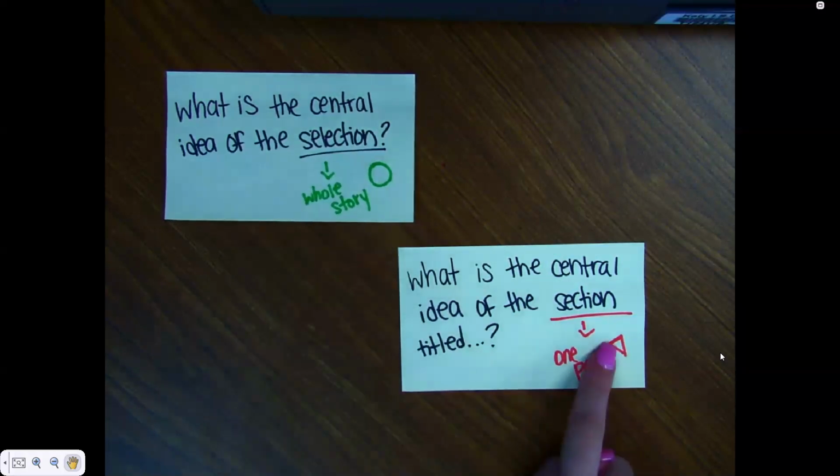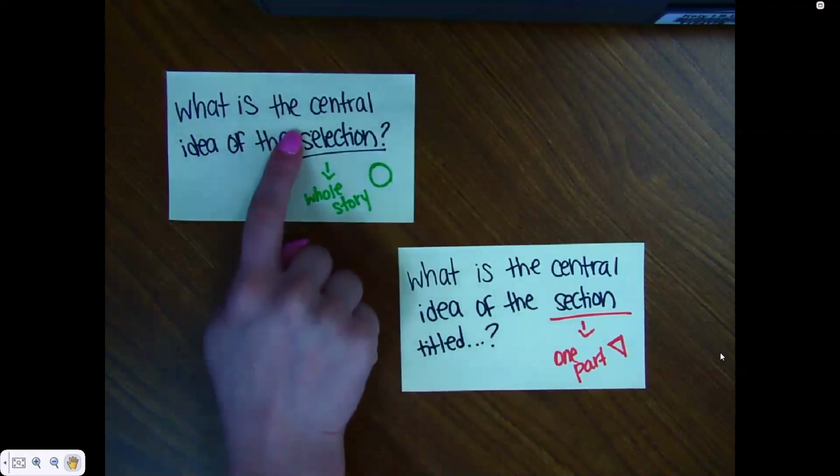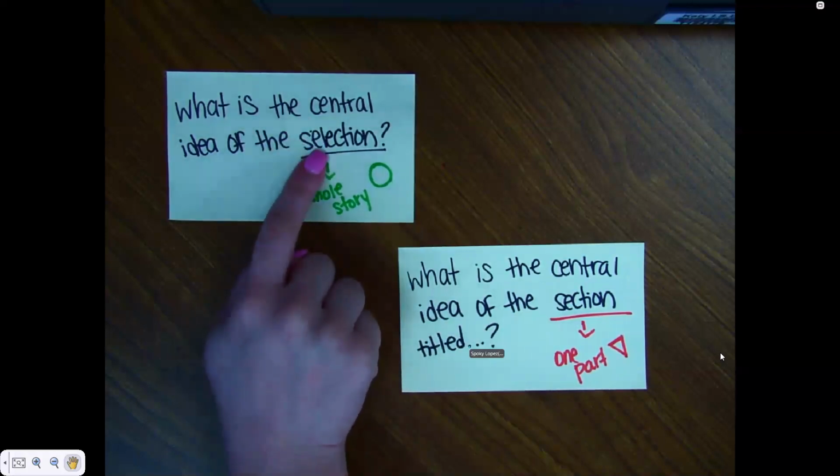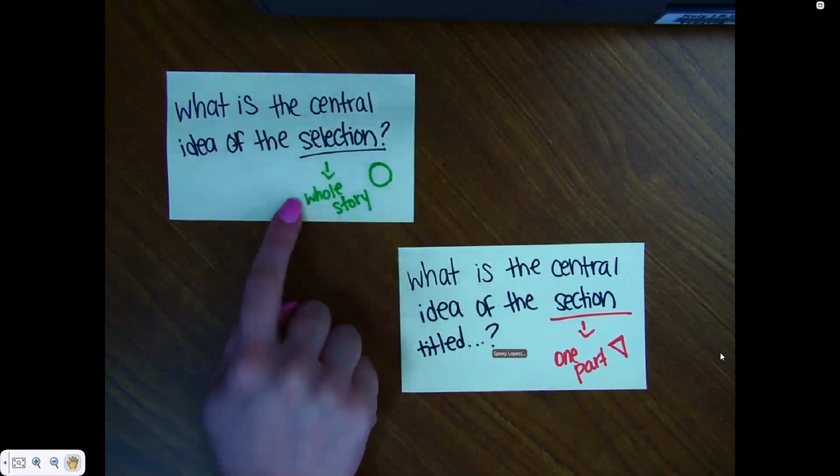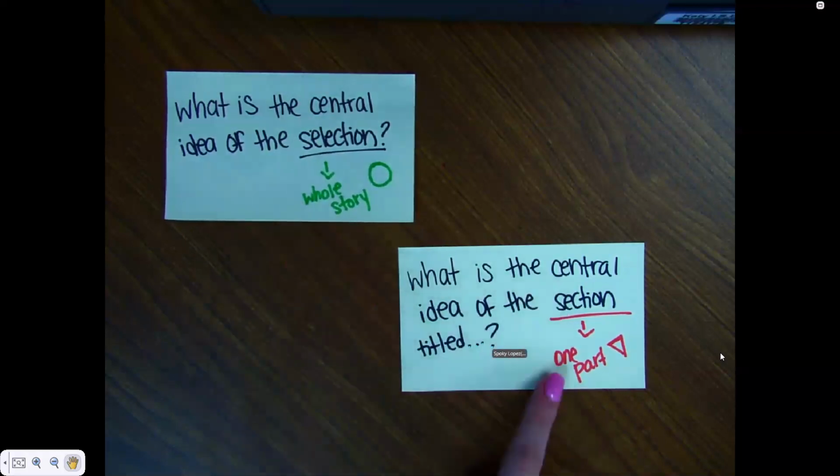This one's easy because it says titled, so you just go to that section. But this one's harder because you might not know what the selection is. So make sure you know selection is the whole story. Section is one part. Okay?